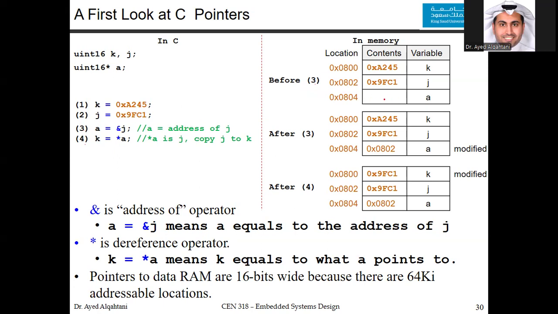What you should do here is store the address of J. Now I have J here, and the address of J is this one, so you write down the address of J for A.